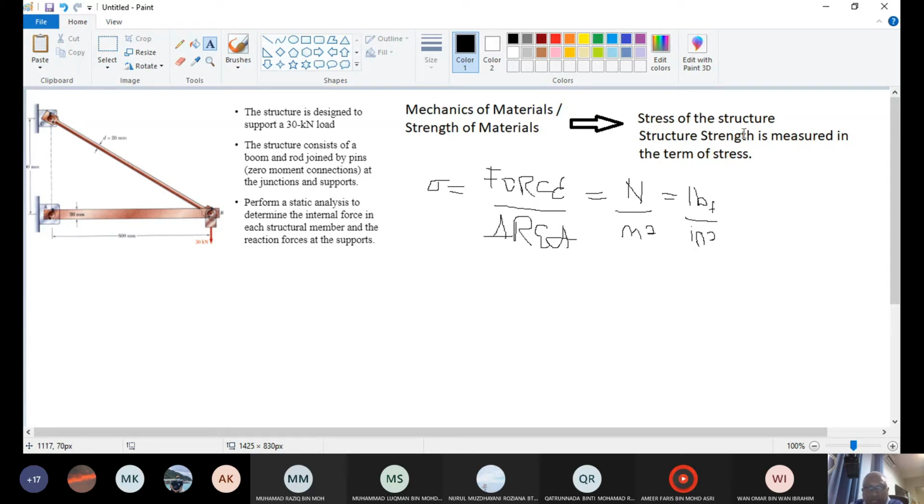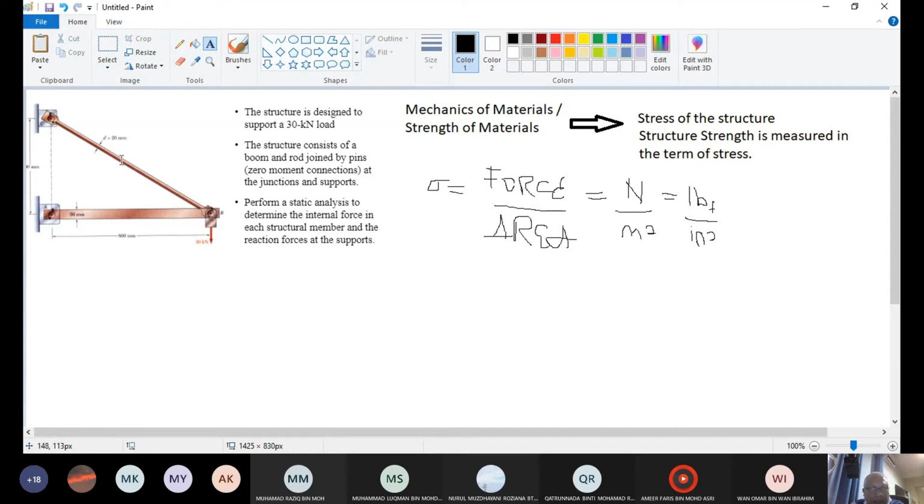So you have to study the stress of the structure. This is a simple structure. We have two beams here. This is a rod, this is rectangular. There is a force applied to it. What we need to study? We need to study the stress from this force in this rod and this rectangular beam.